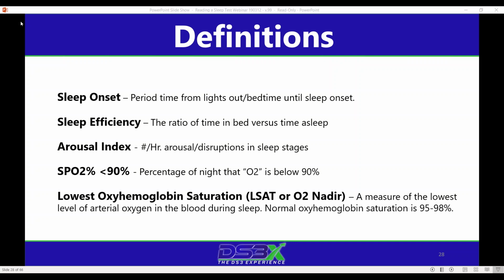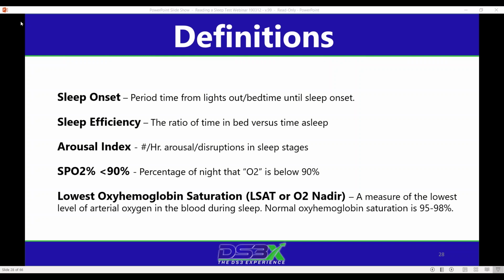And to adequately measure that, you have to do sleep staging because you have to know when they're awake and when they're asleep. So why this is important: if you get a PSG in your hand and the patient had a sleep efficiency of 45%, they probably didn't even get to deep sleep enough to have the apnea that we're looking for. So it can be an important thing to note on some tests as we look at them.